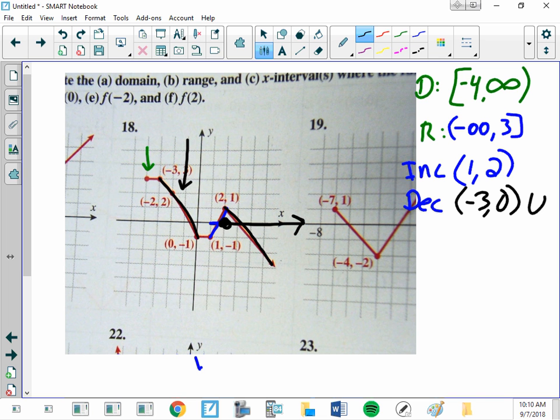Okay, we're looking at the x's. The only time you look at the y's is when you're doing range. So from 2 to infinity.